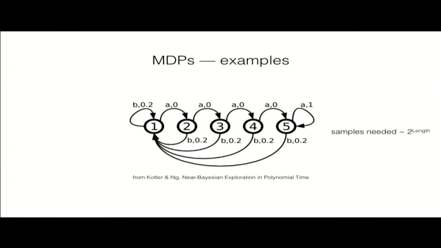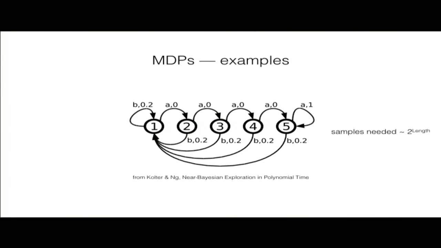It's 0 at all the states in the middle, and it's 0.2 if you're all the way on the left and you choose to go to the left. So basically, you want to be all the way on the right, and then you'll get a reward of 1 if you keep taking this action. But you're not even going to reach this state if you start off with a random policy, or even with epsilon greedy.